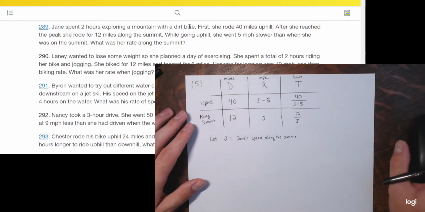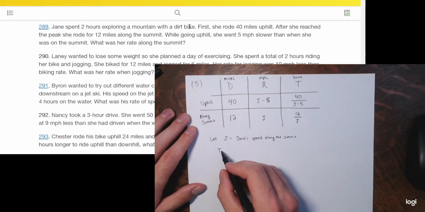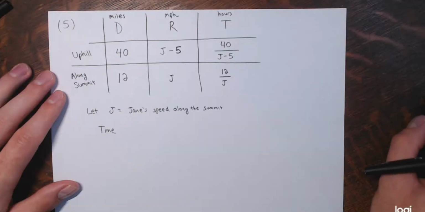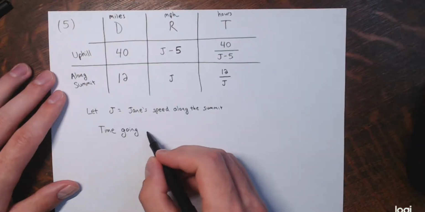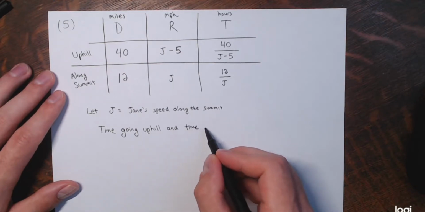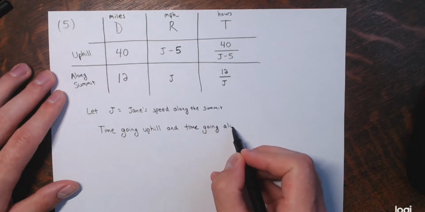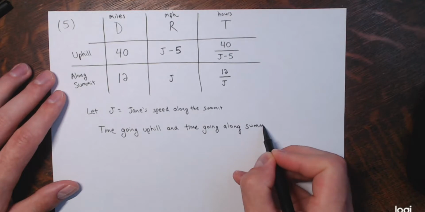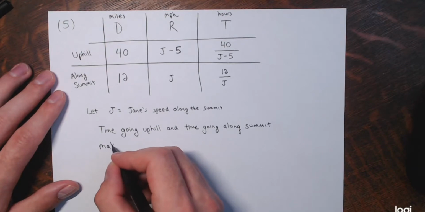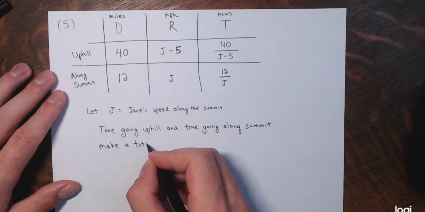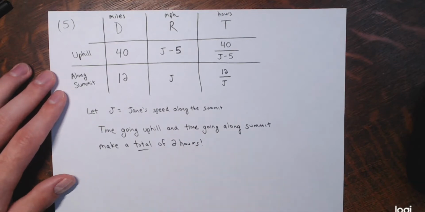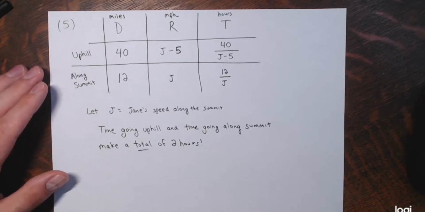So the time going uphill, and I'll make this bigger now, okay, so the time going uphill and the time going along the summit make a total of 2 hours. Right, because again, that first sentence was Jane spent 2 hours exploring a mountain with a dirt bike.